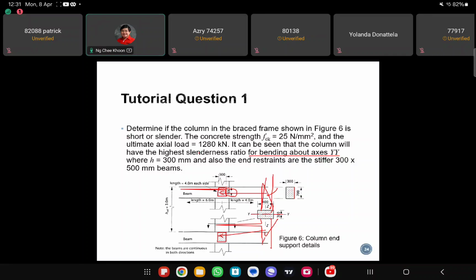In this tutorial question, we only calculate the slenderness for the y-axis. Because if the y-axis gives you a short column, then automatically the stronger z-axis will have an even smaller lambda value. I'll explain this later when we look at the examples, right?